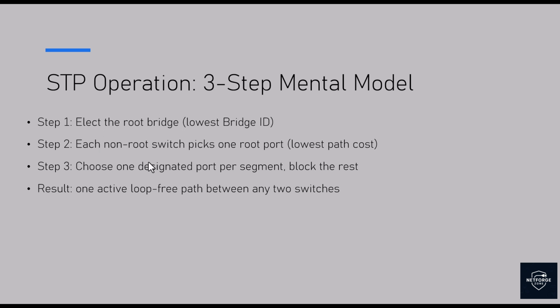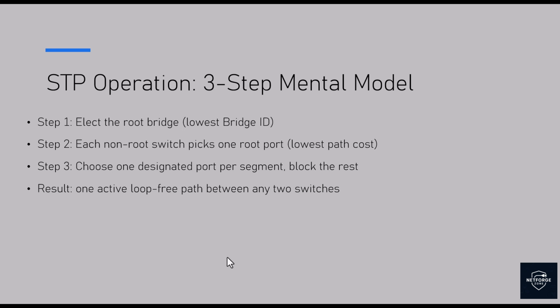The non-root switches, actually, are going to select one of their ports as the root port based on the cost. Cost is important to remember. And then we are going to have designated ports per segment. The rest of the ports, all of them, are going to be in blocked state. So finally, what we are going to have is a network which is totally converged, and everything is working just fine.